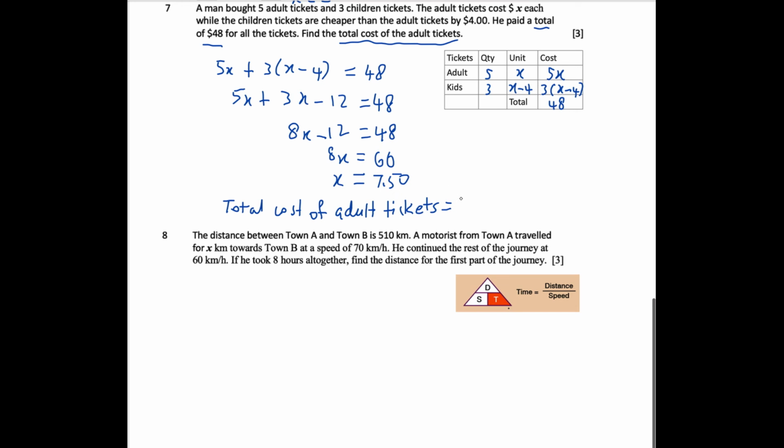So we take this, multiply by 5. So that gives us a total of 37.50.